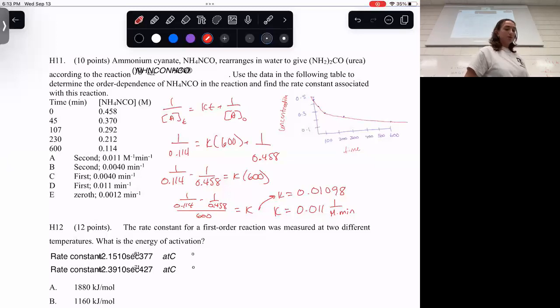One thing that you have to use is that 0.458 as your A0 or your initial concentration. No, because we have a second order, so K will always be 1/1.